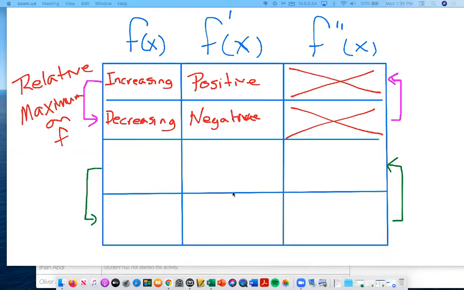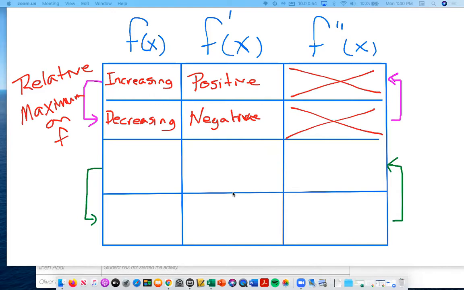So it's not a relative maximum on f prime, it's a relative maximum on f, because you think about f going from increasing to decreasing. What f prime is doing is it's crossing the x-axis in that case. f prime would be going from positive values to negative values.